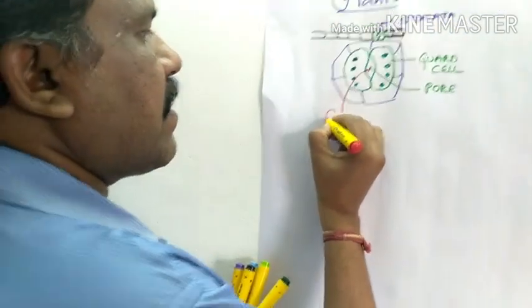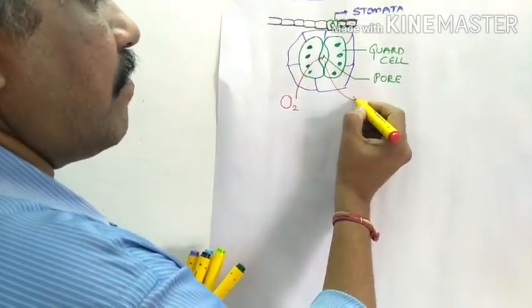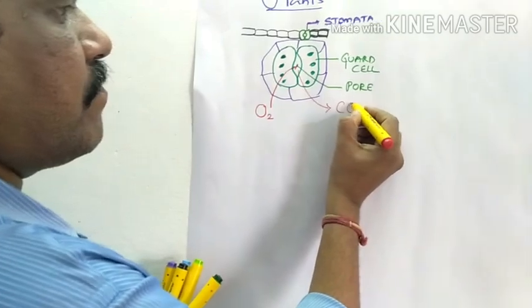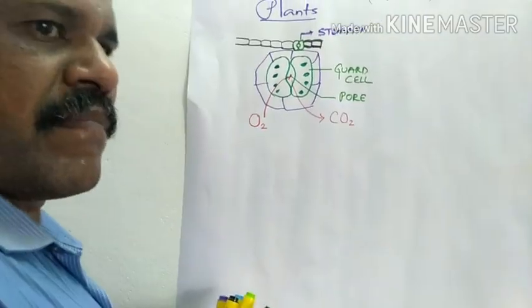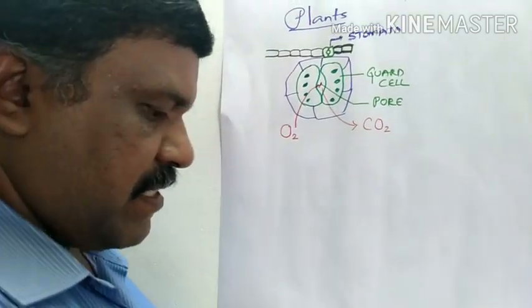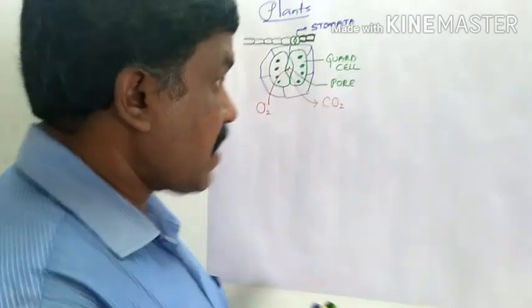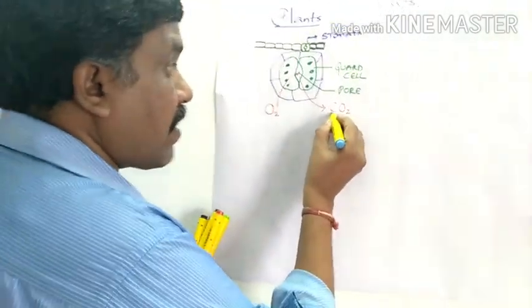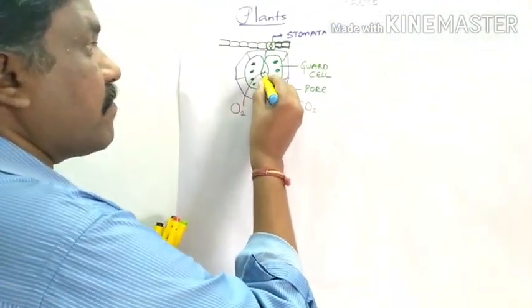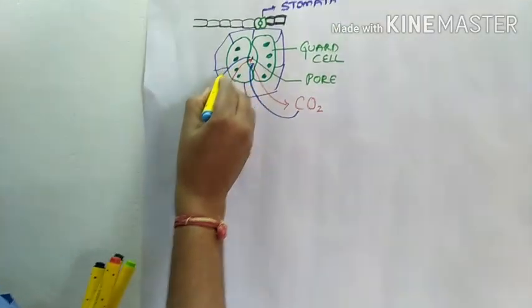So oxygen is entering here, and we have the exit of carbon dioxide. Simultaneously, the carbon dioxide is also taken in and oxygen is also released.